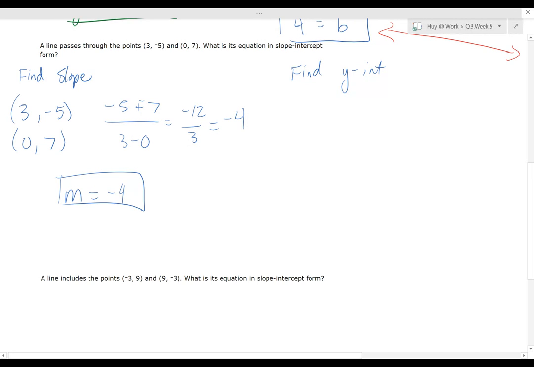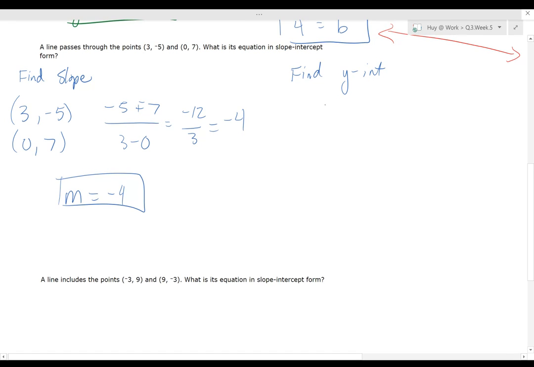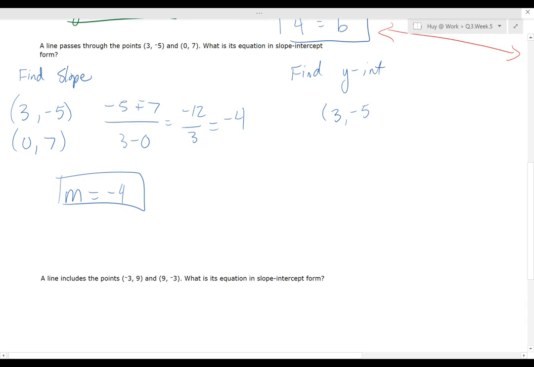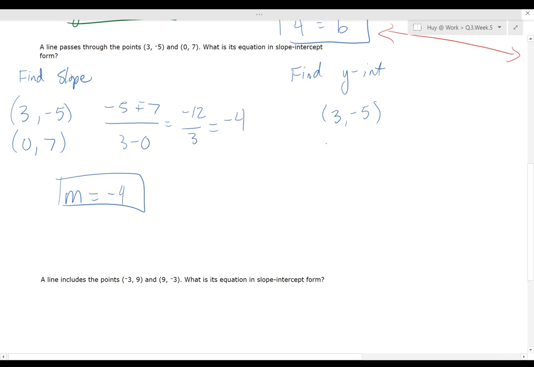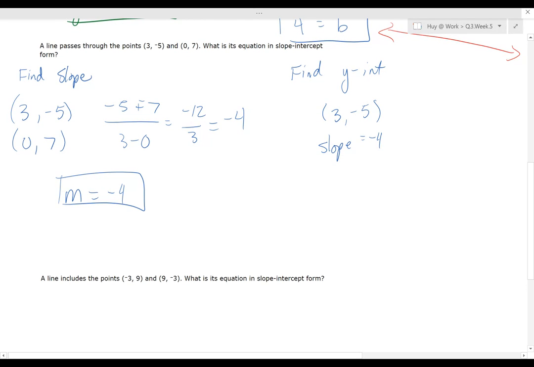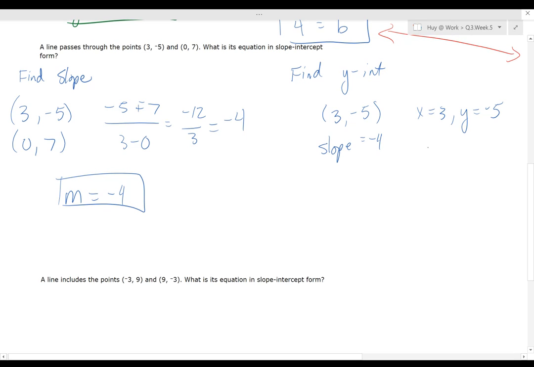So we're going to use a point. Might as well use 3, -5. You could use the other one with 0, which is probably easier because there's a 0 in there. I'm just in autopilot mode, going with whatever I saw first. Slope equals -4. So our point x value is 3 and the y value is -5. The slope is still -4.